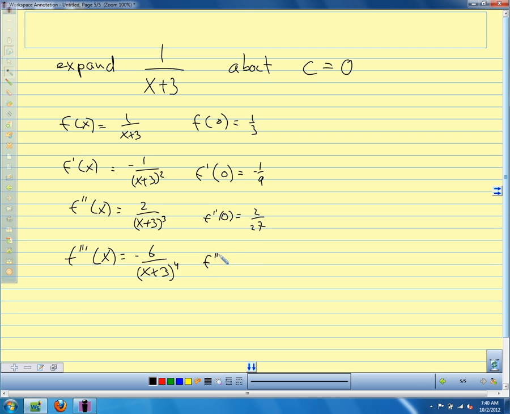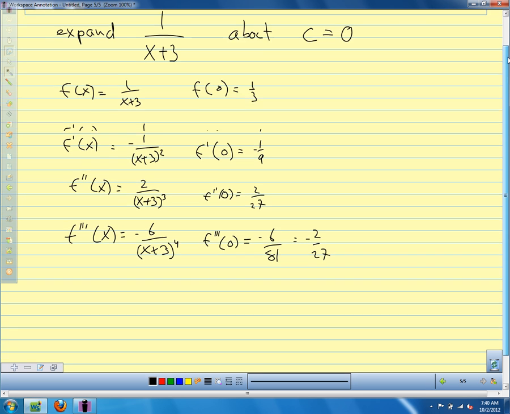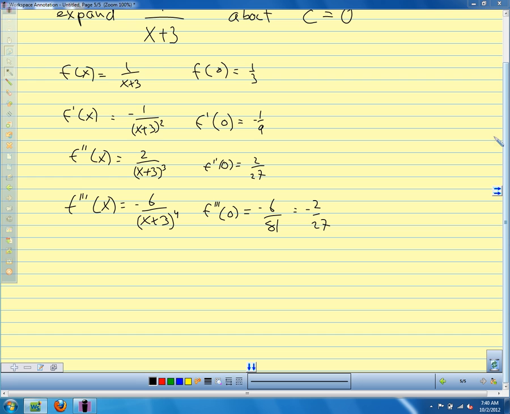And f triple prime at 0 is minus 6/81, or minus 2 over 27. And rather than write each term, I'm just going to go ahead and write out the expression for P3.